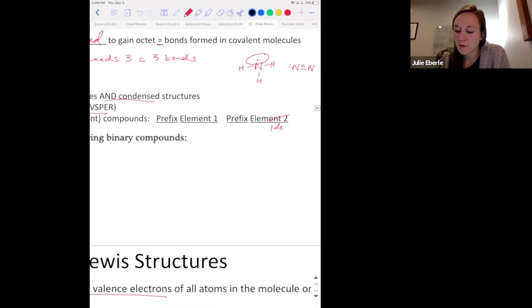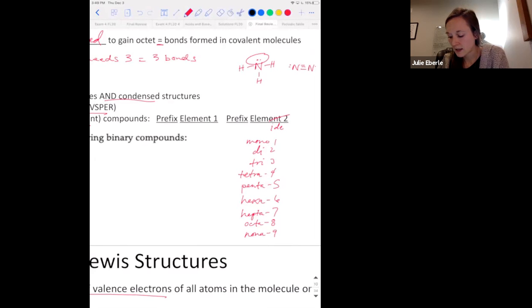Now remember, what are your prefixes? Mono, di, tri is 3, tetra is 4, penta was 5, hexa was 6, hepta was 7, octa 8, nona was 9, and deca was 10.